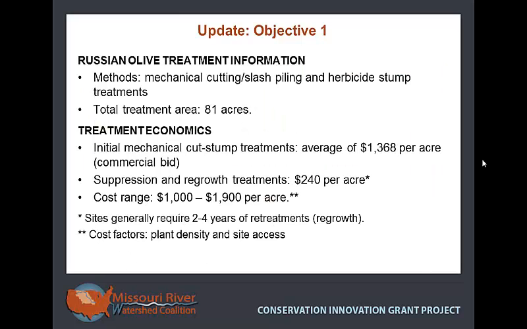Like I say, that's a quick overview. The costs on the Russian olive saltcedar treatments average between $1,000 and $2,000 an acre. We contracted that out with commercial vendors. And then in year 2, we did chemical spot treatments on the regrowth, and that averaged out to about $240 an acre. Very effective.